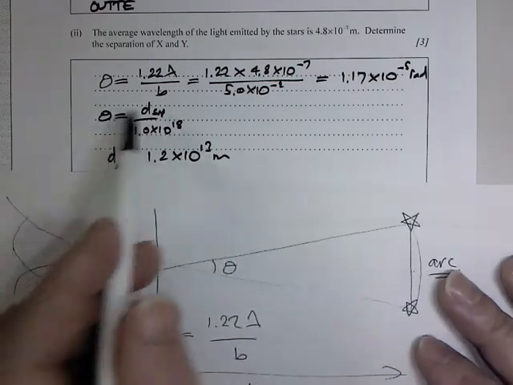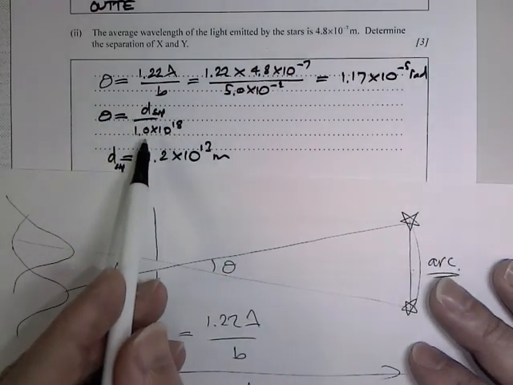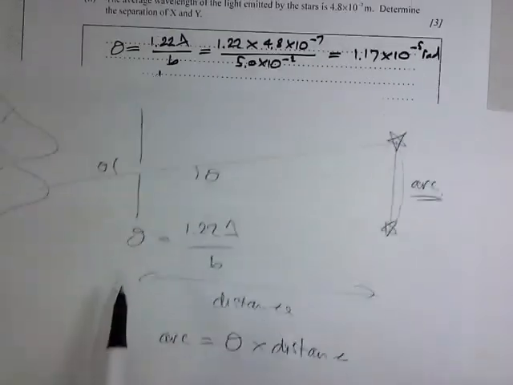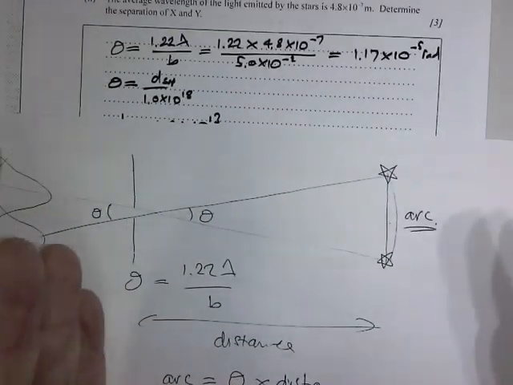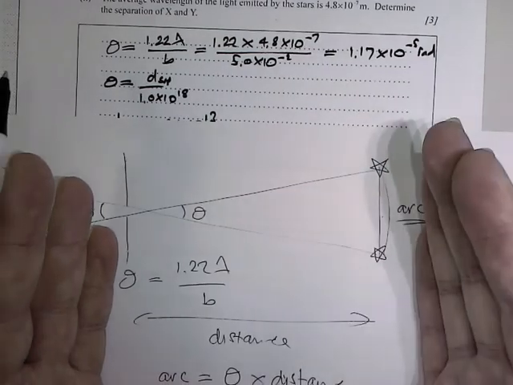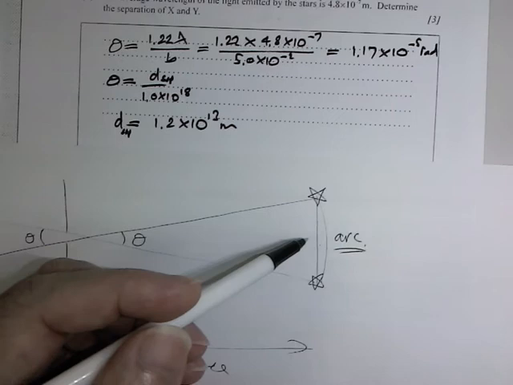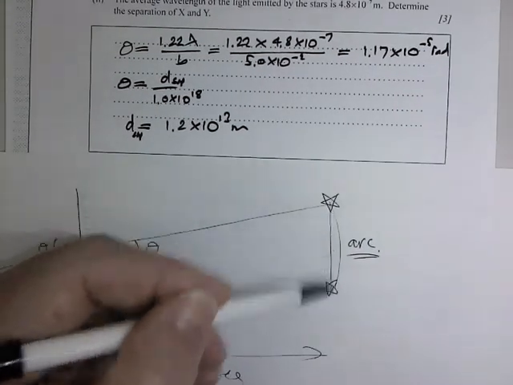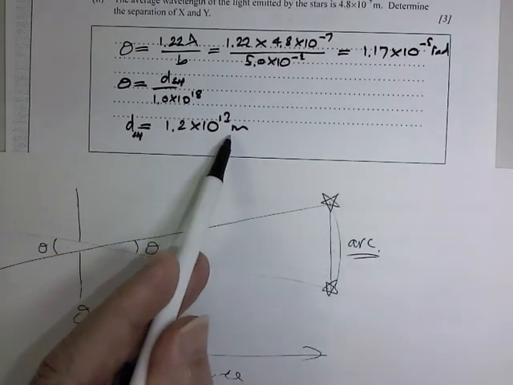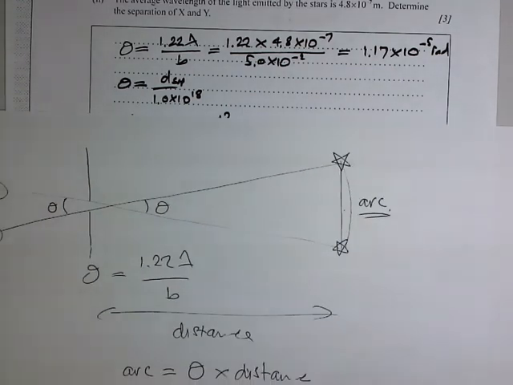I can then just rearrange, it's written in this particular way, the d of the separation, as in the arc length here, is equal to theta times the distance between the telescope and the stars themselves, and that means the separation between the two stars here, d sep, is just equal to 1.2 times 10 to the 13 meters. Very easily done using that small angle approximation there.